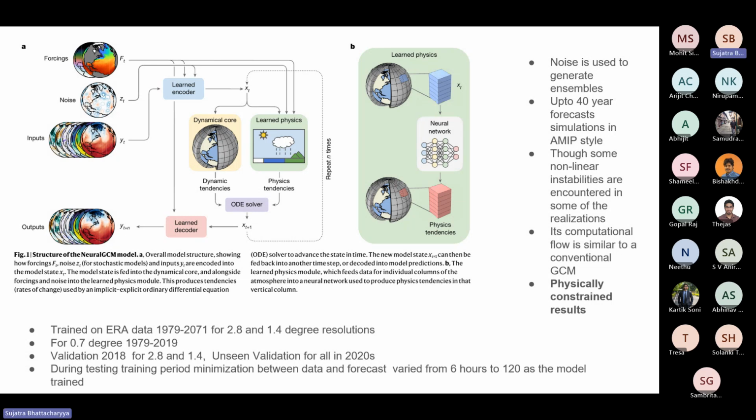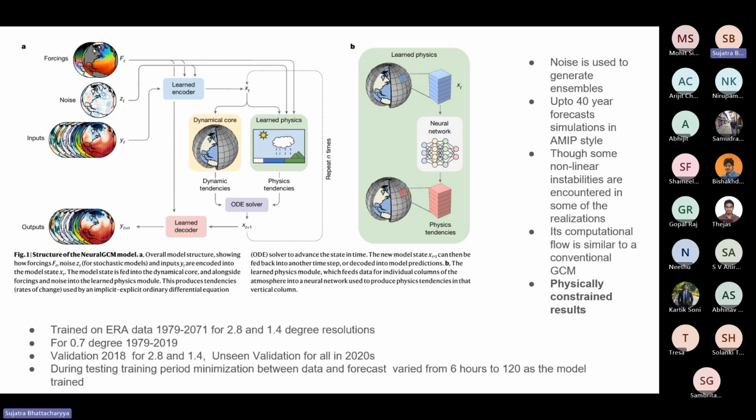We are not looking at future, we are looking at past. And for the higher resolution, they use this data. And unseen validation was in the 20s. And the feedback that I said, they varied between 6 hours to 1 minute.